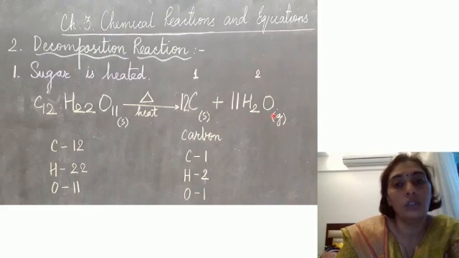So here there is H2O. We want 22 hydrogen. So 2 multiplied by 11 will give us 22. So this coefficient here will be 11. So 11 twos are 22 hydrogen atoms, and here this 11 stands for oxygen also, and so we get 11 oxygen atoms. So with this we can easily balance the equation.